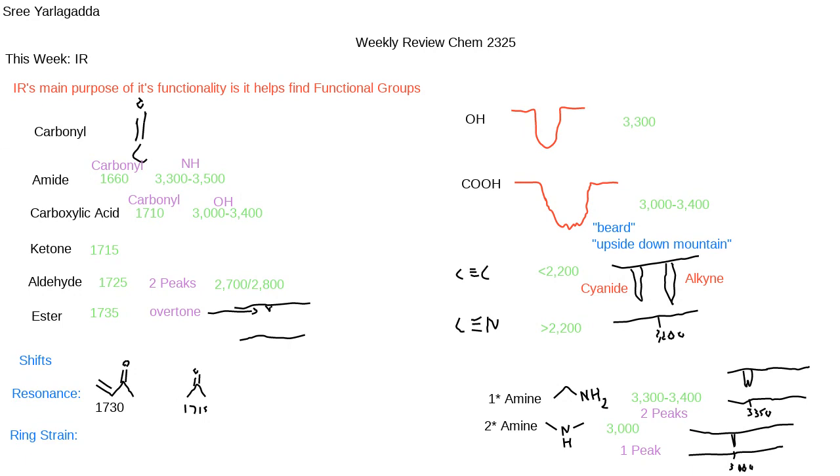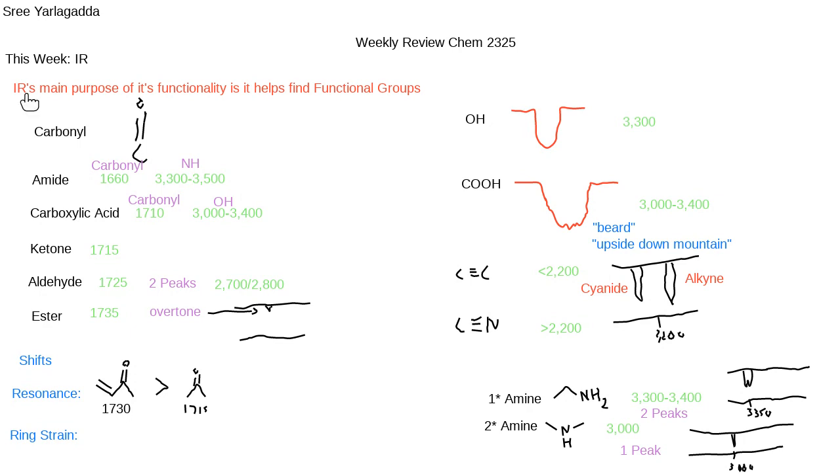That might be too much or it might be too little. I'm not sure. You don't need to know exactly this number. All you need to know is that resonance will increase it and shift it to the left. So in a ranking question, you might get both of these structures, so don't get confused.